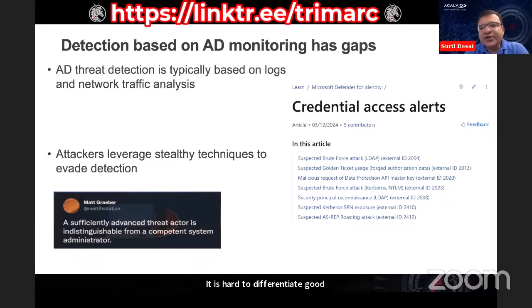As an example, on the right-hand side, if you see the alerts from Microsoft Defender for Identity, which is a popular platform for detecting identity threats, if you look at all the alerts, pretty much each alert has the keyword suspected as a prefix. And that effectively says that Microsoft themselves, who are the builders of Active Directory as well as the security product, are not sure whether that is actually malicious or not.